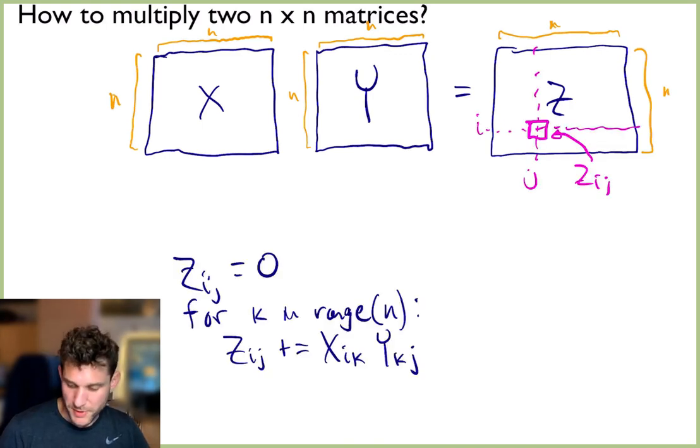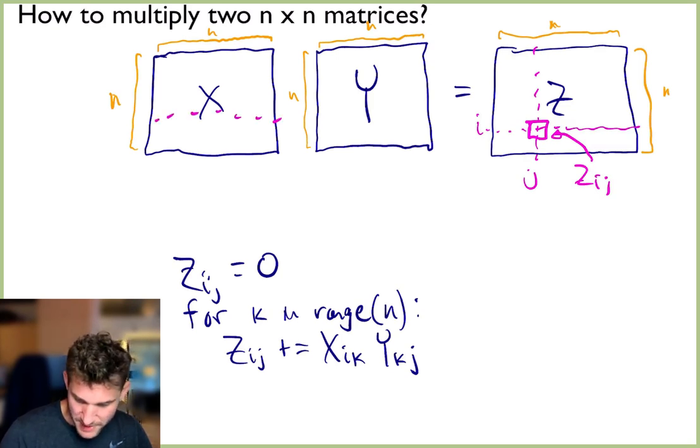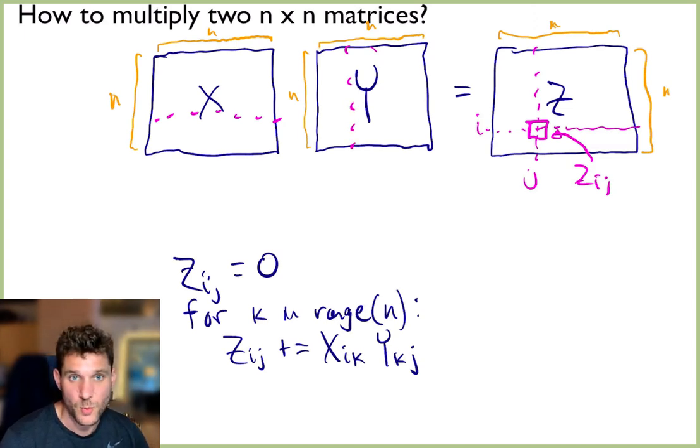Okay, so think about computing, let's say, the zij-th entry of this matrix. First, we would have to initialize zij to be 0. Then we have to sum over k, and we're going to have to take the dot product between this row of the X matrix and this column of the Y matrix, the ith row of the X matrix with the jth column of the Y matrix.